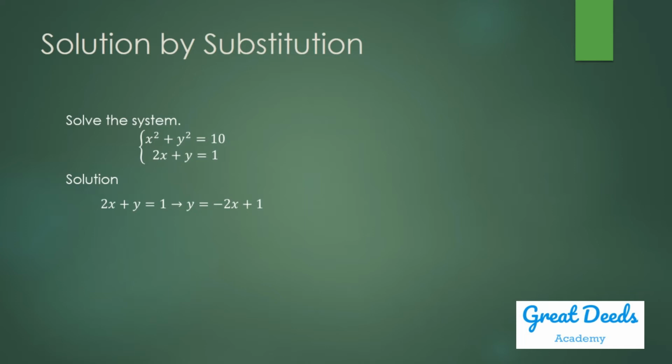And so we will replace y by negative 2x plus 1 in the first equation. So x squared plus y squared, which is (negative 2x plus 1) squared, is equal to 10. Let us expand that binomial, and it is equal to 5x squared minus 4x minus 9 is equal to 0.